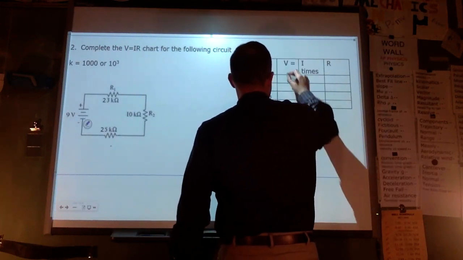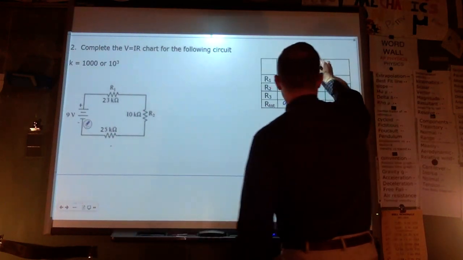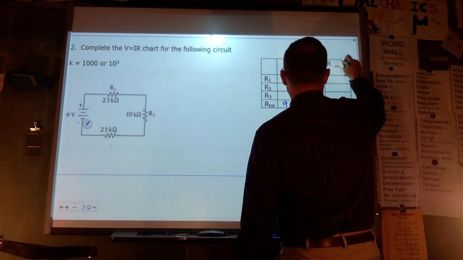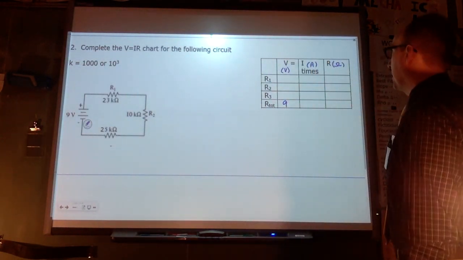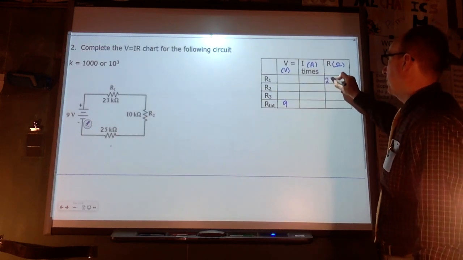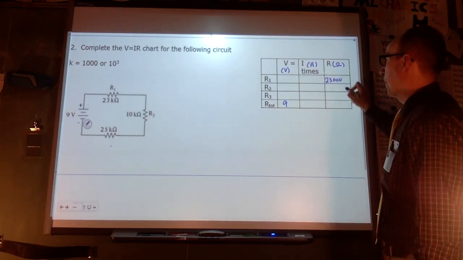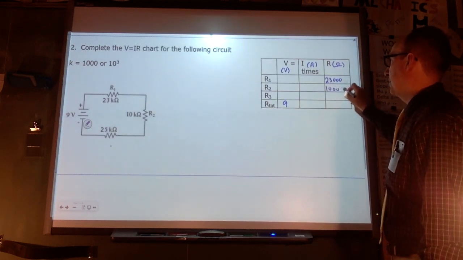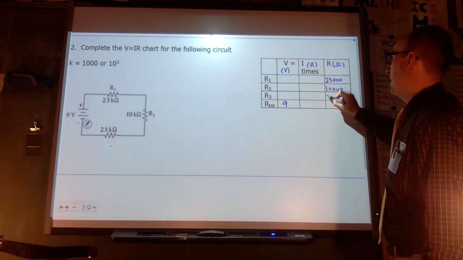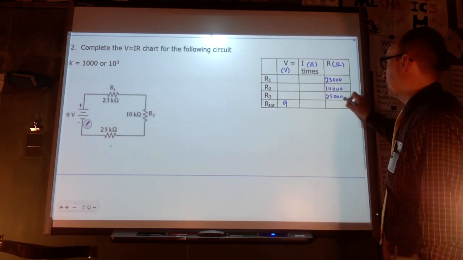So my voltage is 9. Put my units up here. And R1 is going to be 23,000. R2 is going to be 10,000. R3 is going to be 25,000.